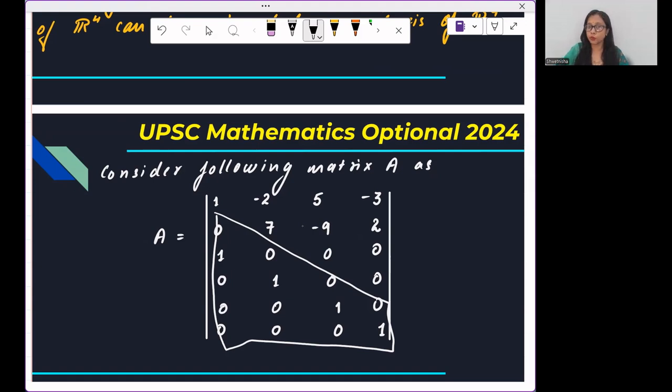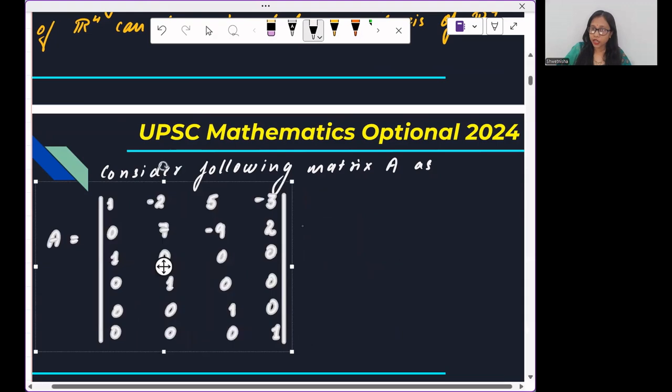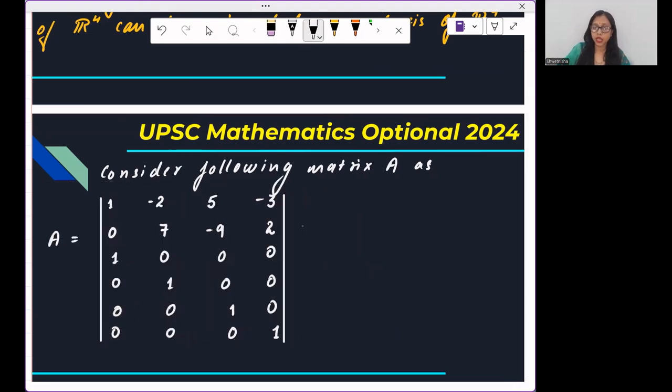Now you see, it's possible to do that. It's not like it's not possible, but it will take so much of time and all those complex calculations are involved here. But still, if you just want to verify and go through the calculations, it will be reduced to this form.